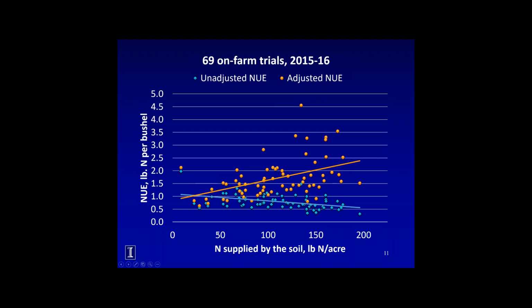So instead of plotting what the yield was, I just multiplied the bushels per acre times 1 to give us the pounds of nitrogen supplied by the soil. I think that's an accurate way to look at it. We don't know what other source the crop would get its nitrogen from other than soil organic nitrogen.